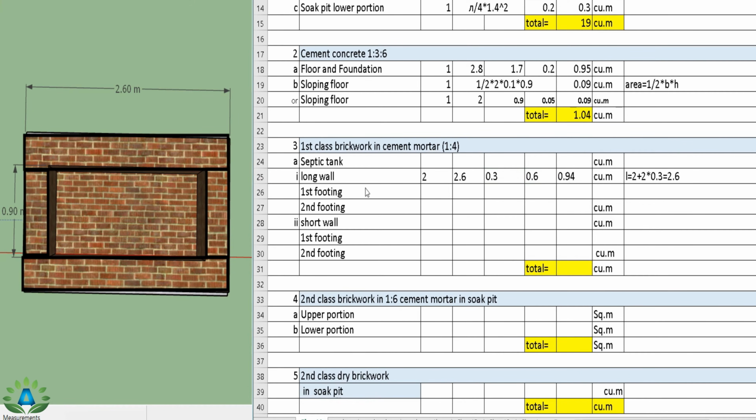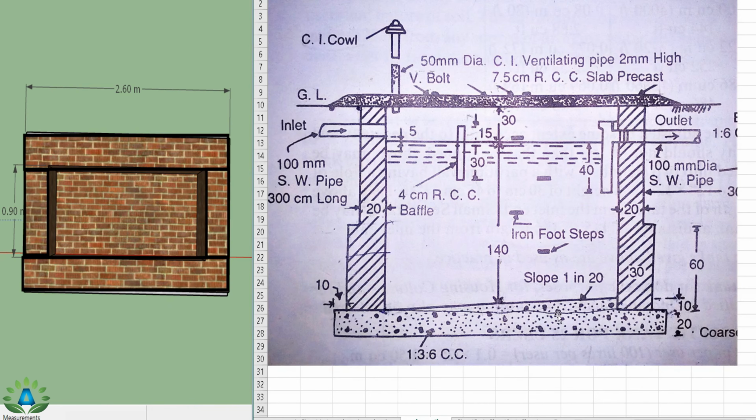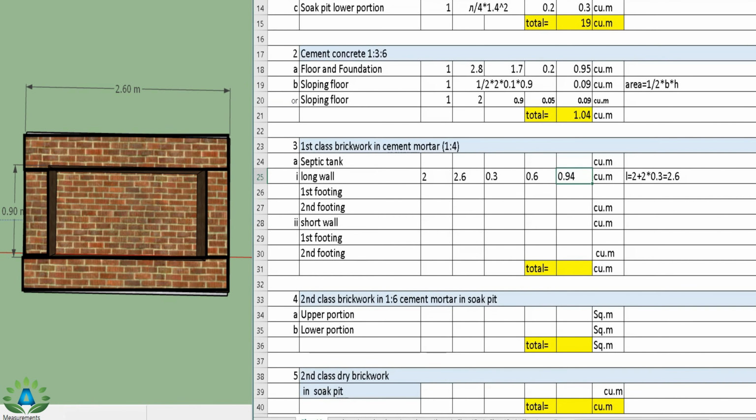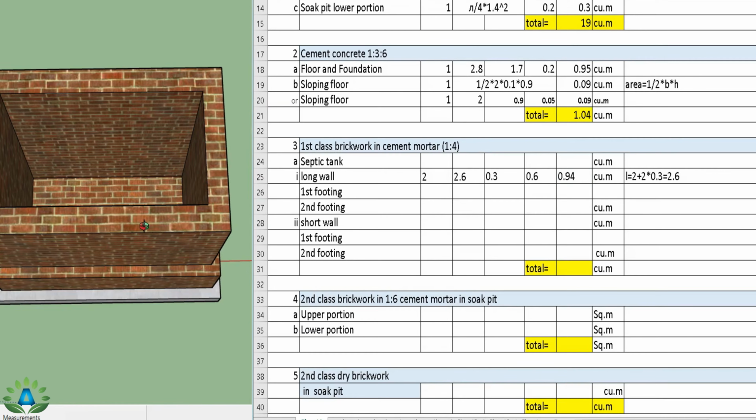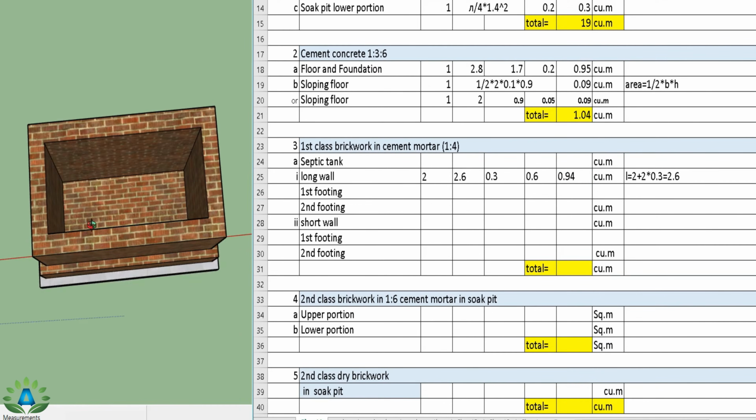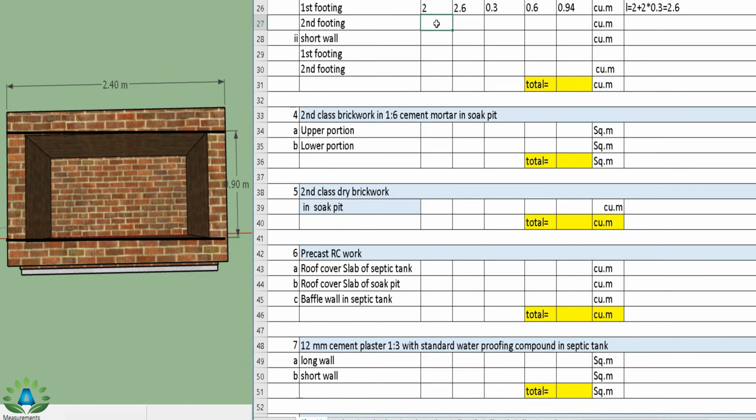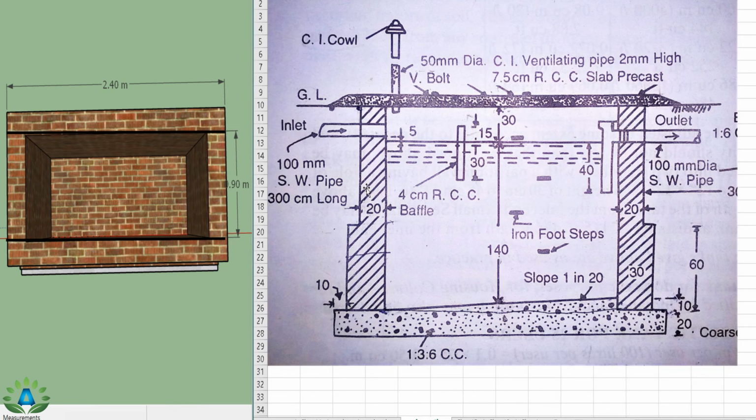Now we are moving to this second footing, that means these 2 portions of 20 centimeter width. So we have obviously a number of long walls 2 in number, that means we have this second footing and we have this long wall 2 in number, that means this portion and this portion, and we have the length of this inner portion is 200 centimeter, that is 2 meter, and this wall of 20 and this wall is also of 20, that means the outer to outer length of this long wall is 240.